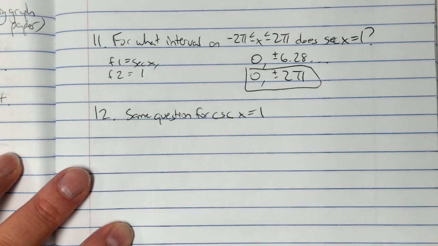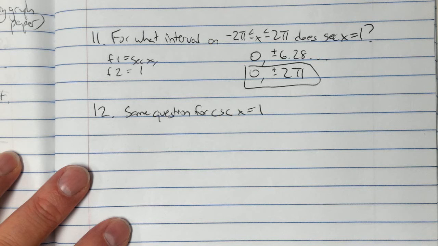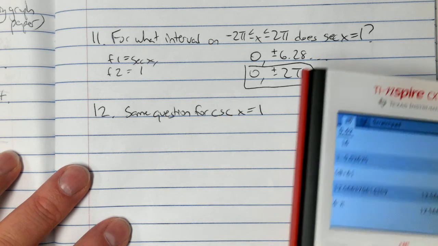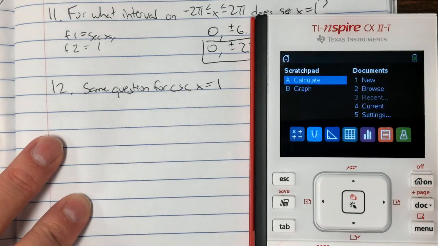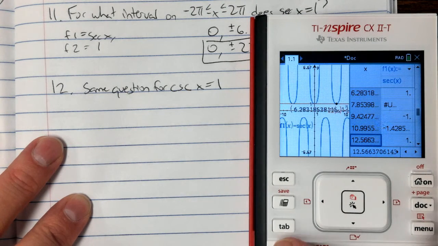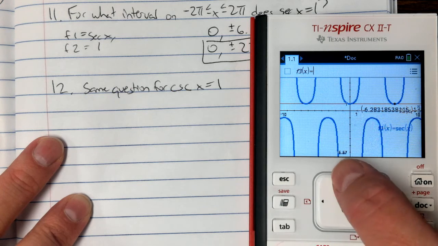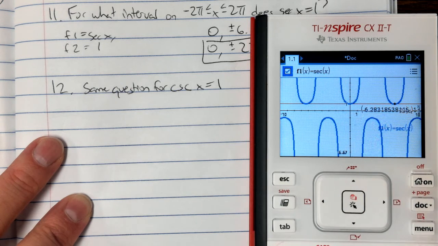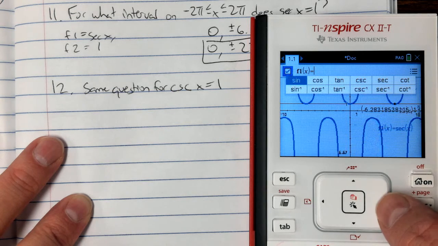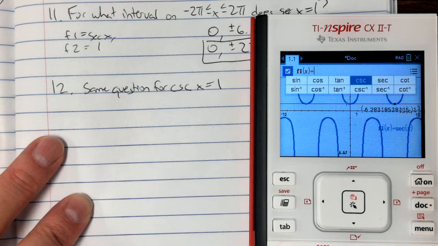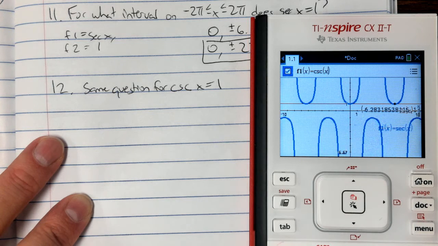Still going to use the same interval. So what we have to do is change the graph. So I'm getting rid of my table, and I'm changing secant to be cosecant, CSC x.